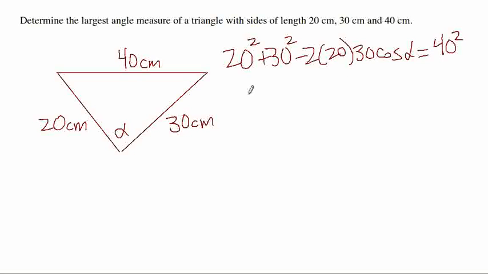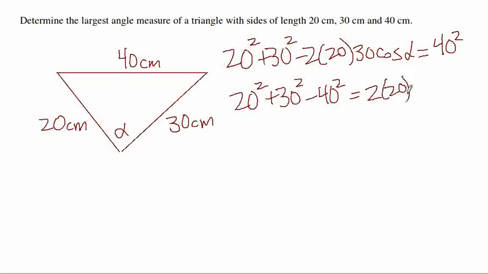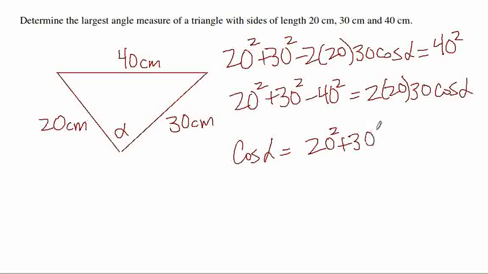So therefore, moving terms around, 20 squared plus 30 squared minus 40 squared is equal to 2 times 20 times 30 times the cosine of alpha. So the cosine of alpha is equal to 20 squared plus 30 squared minus 40 squared divided by 2 times 20 times 30.